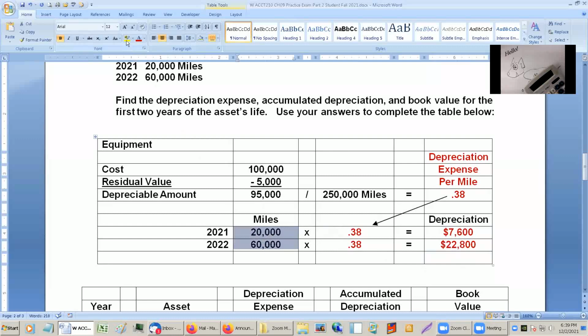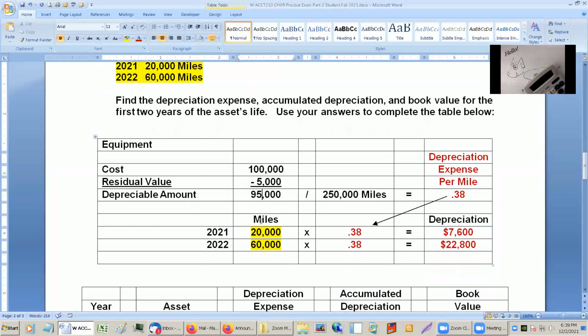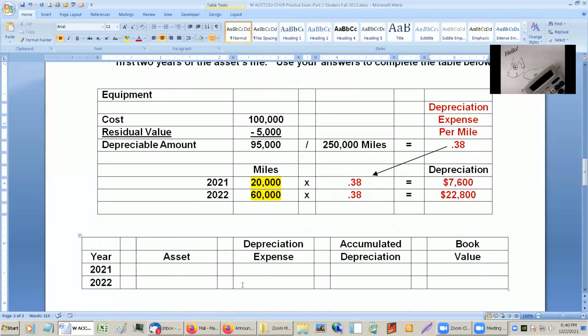You know, these over here are different. So if you chart this out, it'd be hard to chart this out because you'd have to wait for each year to come around to see how many miles you used it. Okay.